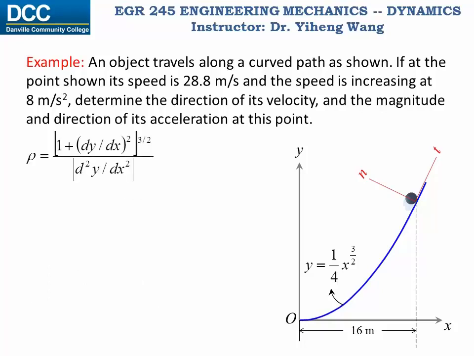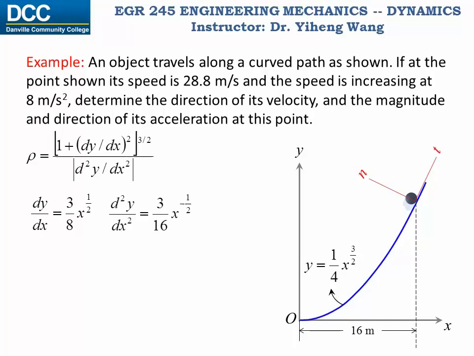So since y equals, again, 1/4 times x to the 3/2 power, therefore dy/dx equals 3/8 x to the 1/2 power, and the second derivative equals 3/16 x to the negative 1/2 power.